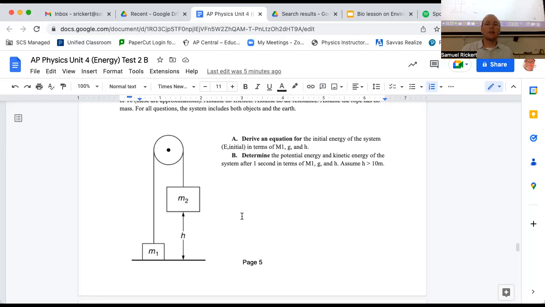Now, why you should be happy is what I'm going to do next year for this one, see how I said assume height is greater than 10? I'm going to actually make them calculate the acceleration and actually plug in a value for h prime. So actually figure out how far they move.